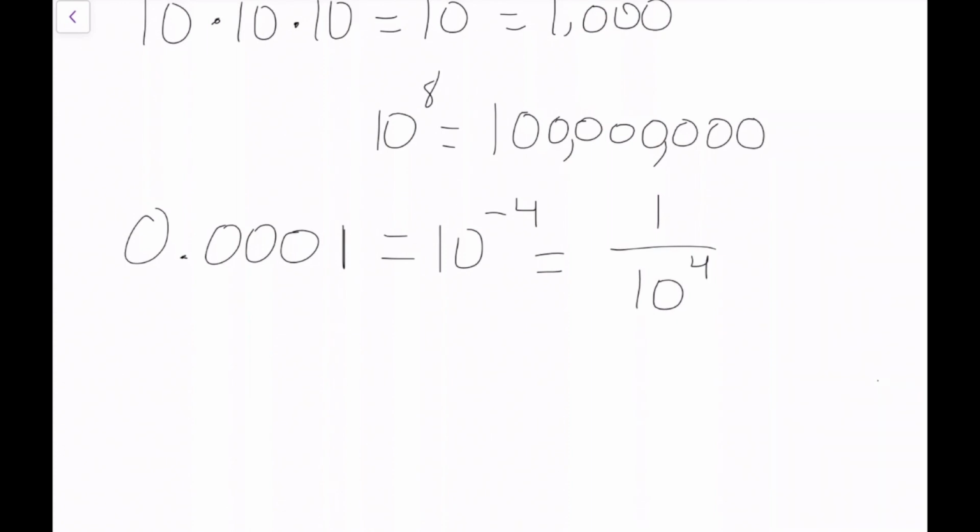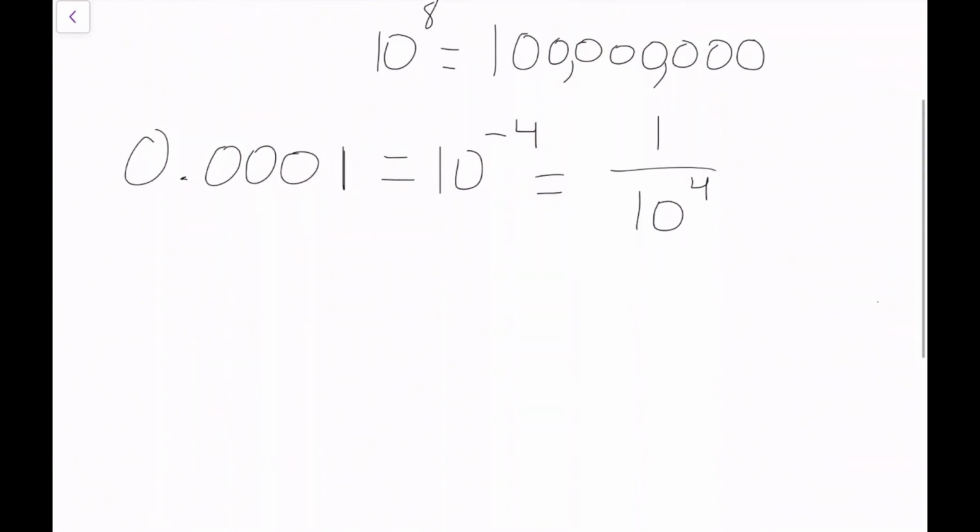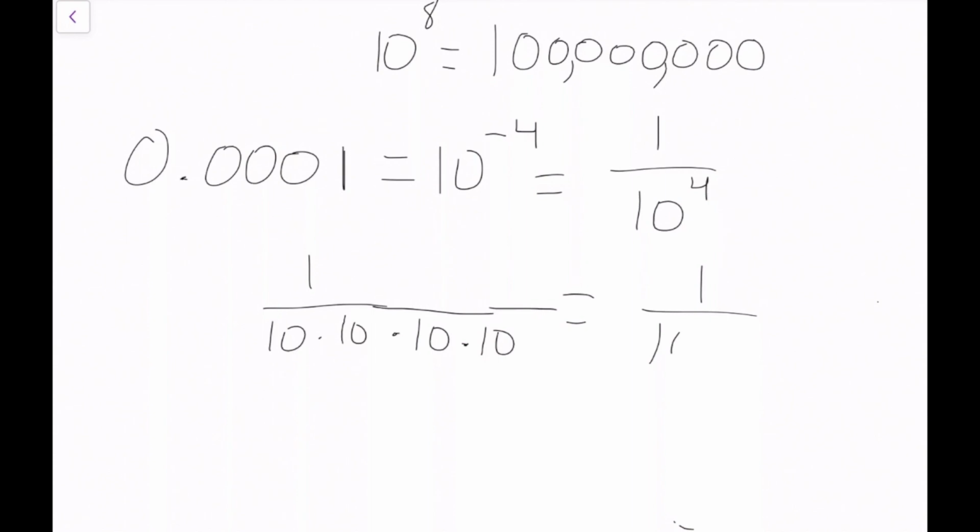And this I can rewrite as 1 over 10 times 10 times 10 times 10, and those are my 4 tens. I can rewrite this again. Well, it's 1, 2, 3, 4 zeros I just have to add on. So this is the same thing as 1 over 10,000. Now you could do 1 divided by 10,000 out, and you would get this exact number, 0.0001.